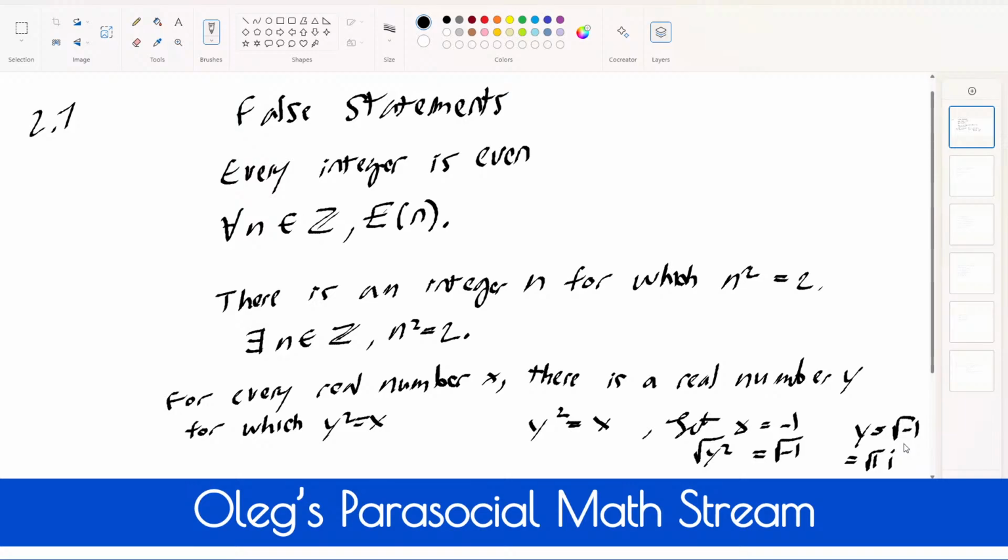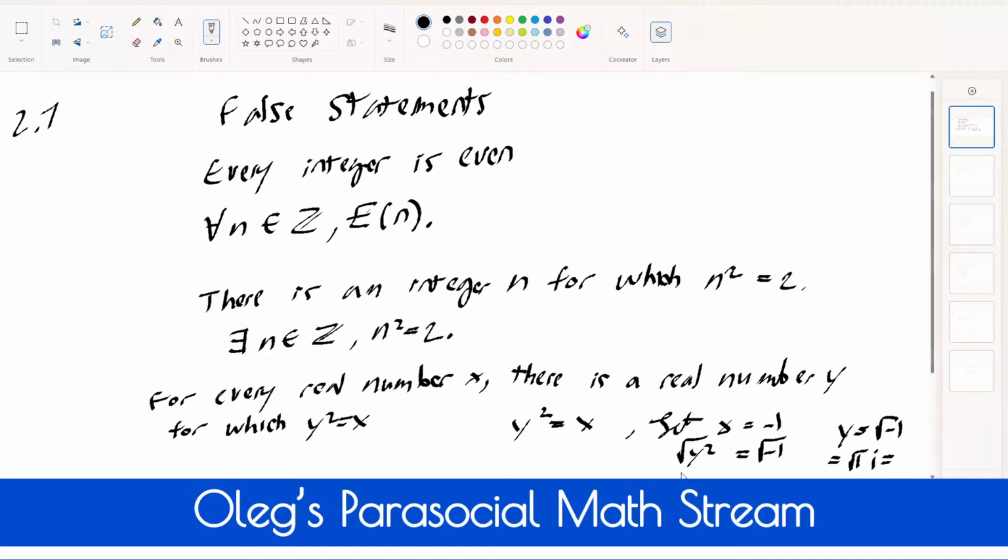Which makes sense. So this is equal to 1 i. But that's not in the real set, because 1i is not contained in the real set.